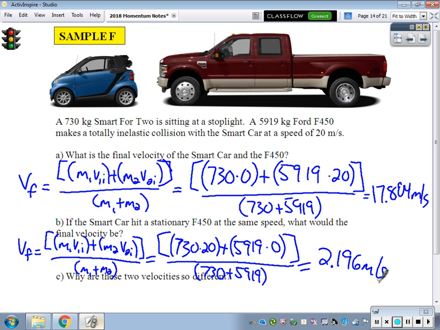Now, does this mean that everybody should be driving F450s? No, actually quite the opposite. I'm talking about those real heavy duty pickups, not even the light duty pickups or the other ones. Those vehicles carry so much momentum into these collisions that often they have a hard time dissipating the energy they carry into those collisions.